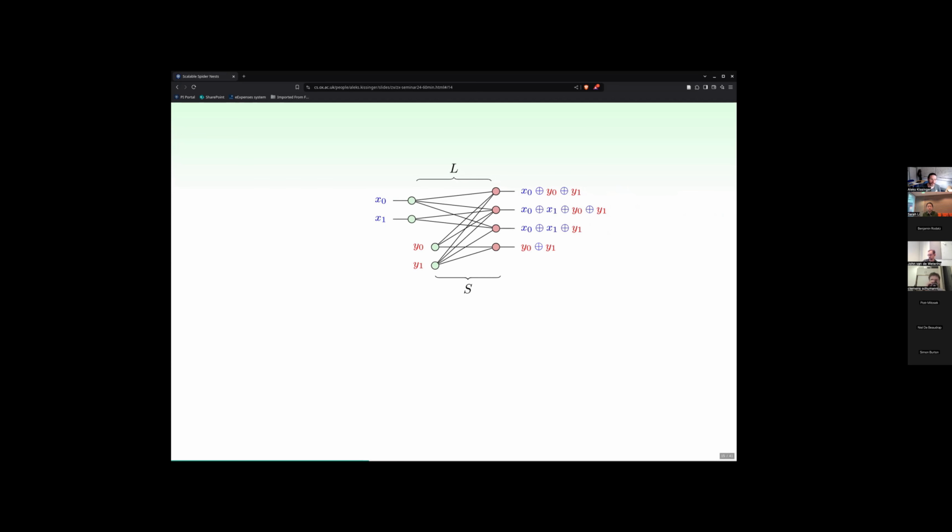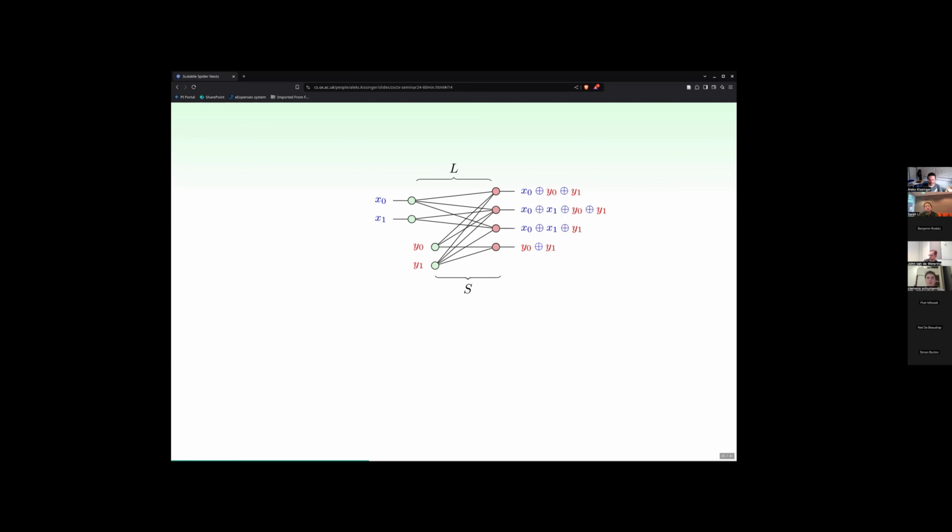I have these two input bits, X0 and X1, but I also have these interior bits. I wrote them in a different color to tell you that this is a different kind of thing going on. But I can still think of my outputs as XORs of these two different kinds of variables: these input variables, and also these inside variables, Y0 and Y1.